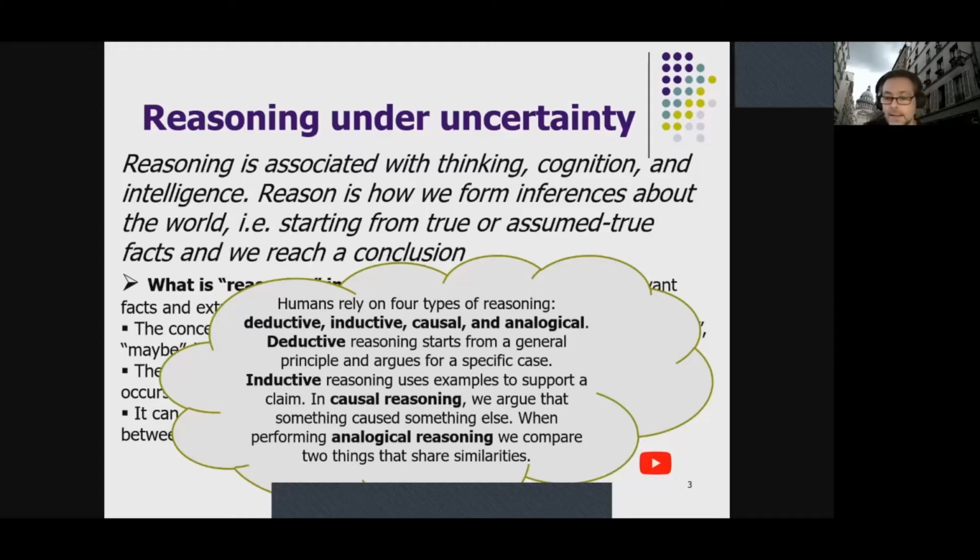I have here a link. You can click it, you can find it on the slides, and you can see a video. It's about Sherlock Holmes. He's famous for his abilities to perform reasoning and combine different kinds of diverse pieces of information, manage even contradicting information, and reach conclusions, solve difficult problems.